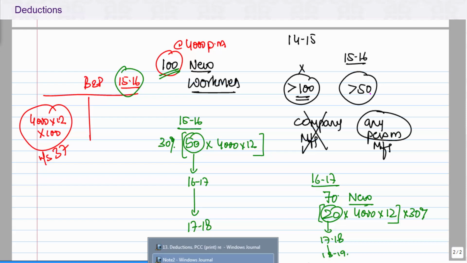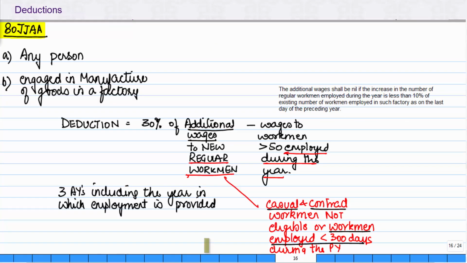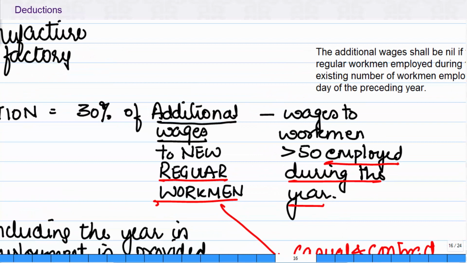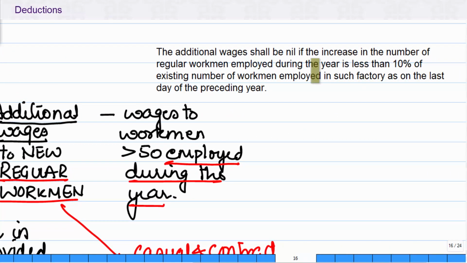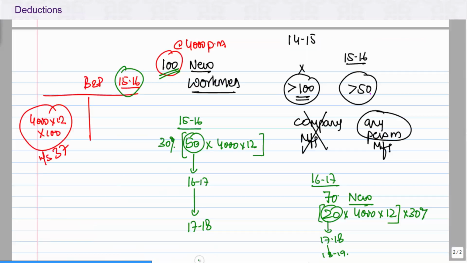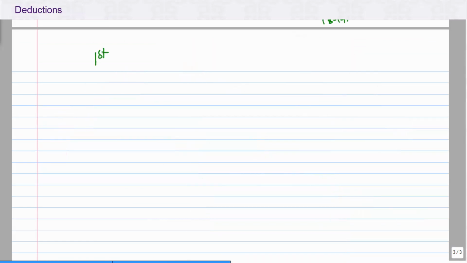But there is one more condition that we need to look at, which is that the additional wages which are going to be paid, the number of regular workmen employed during the year, if it is less than 10% of the existing number of workmen in such factory as on the last day of the preceding year, then we will not treat the increase as any increase. So for example, in the first year you employed 100. In the second year you employed 55.